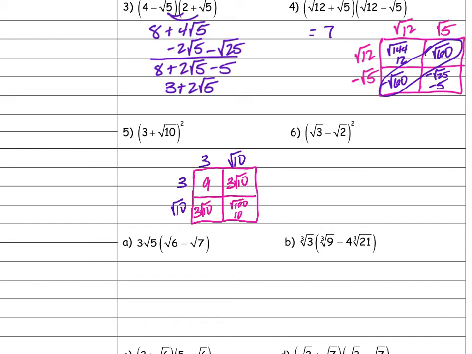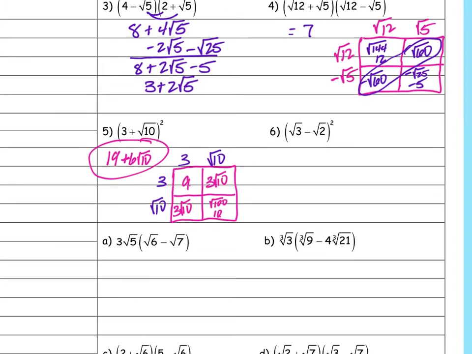Okay, so that gives me my like terms. 9 plus 10 is 90. And 3 square root of 10 plus 3 square root of 10 is 6 square root of 10. I don't know why I said 90. That's not 90. Wow, thank you. It is 19. 19 plus 6 square root of 10. Beautiful. So much better when I can add instead of multiply.